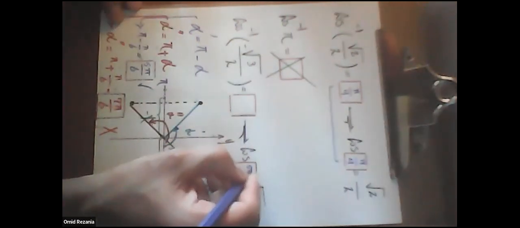You see the answer is bigger than 3.14, which is the outer limit of this function. Then as a result, you put this aside and you see that this answer is not going to be acceptable. Then this answer is going to be the one which is acceptable. Then you say that the answer is going to be 5 pi divided by 6.